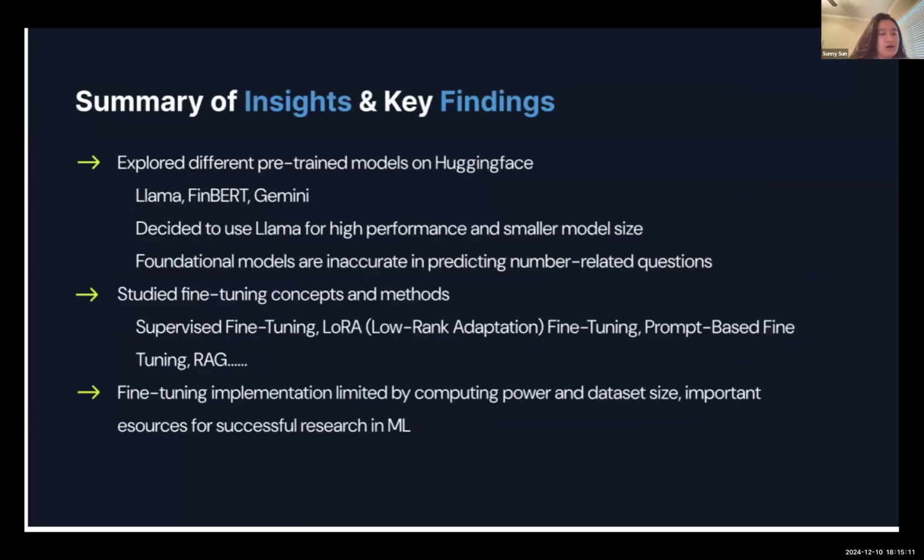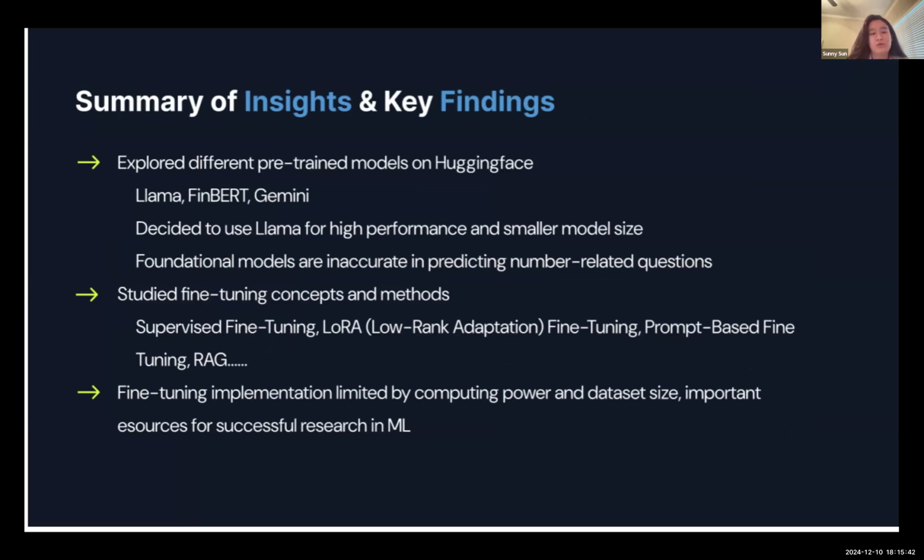For a summary, we explored different pre-trained models on Hugging Face, including but not limited to Llama, BERT, and Gemini, and we decided to go on with Llama for its high performance and smaller model size. But with experiments, we did notice that foundational models are pretty inaccurate in predicting number-related questions, and those are the most common type of questions in the finance industry.